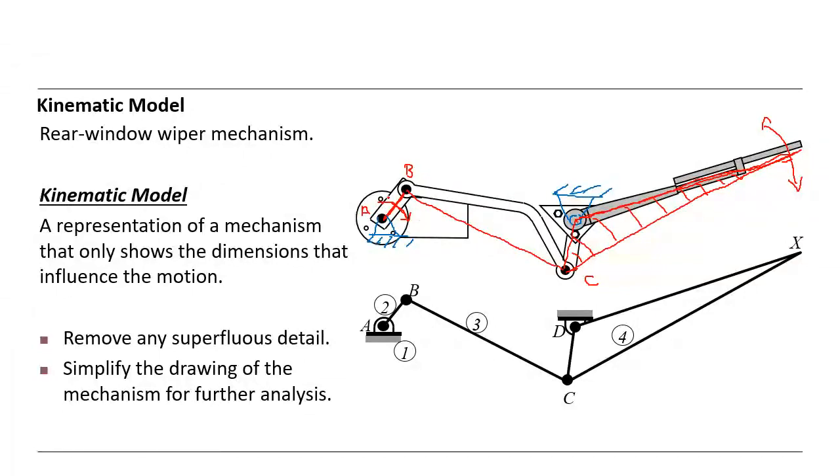Then if this part AB moves in that direction and BC goes in that direction, and since it is fixed at that point, it moves in that direction. So this is the mechanism we have here, you see. This is a solid member.